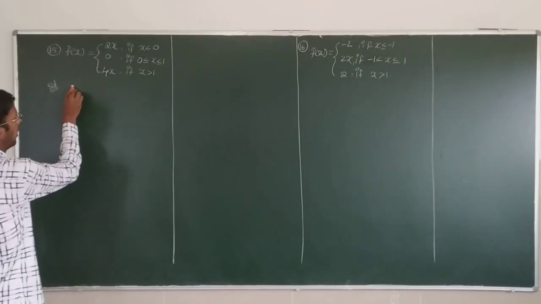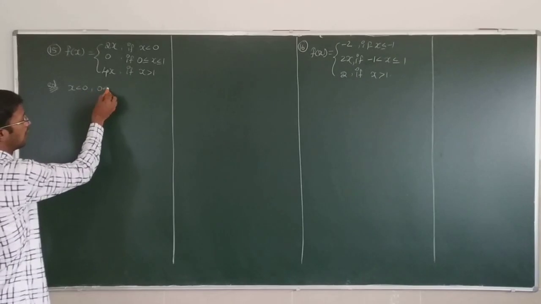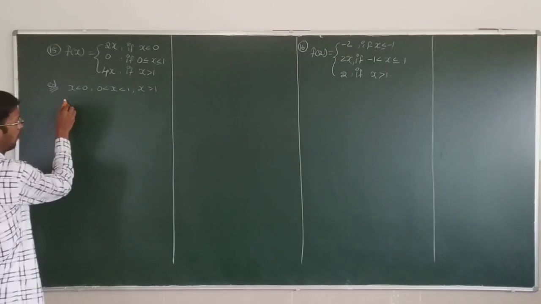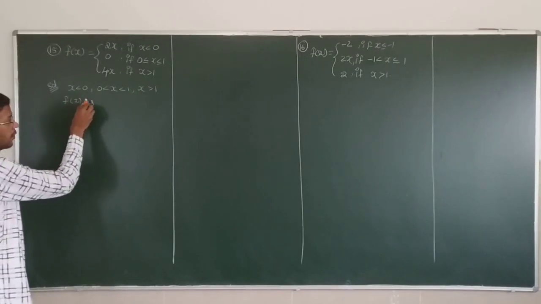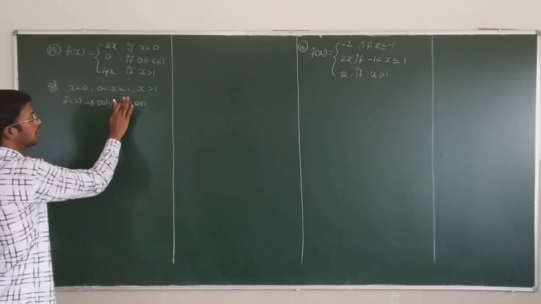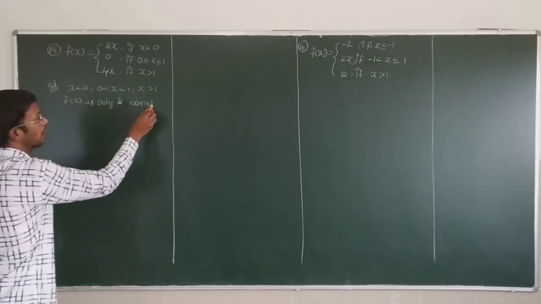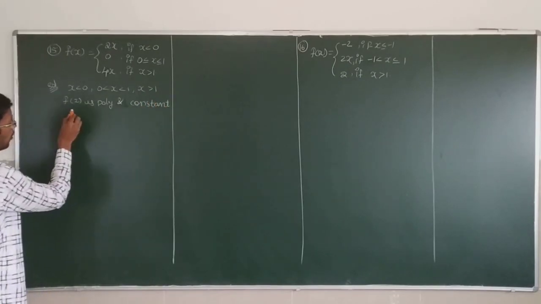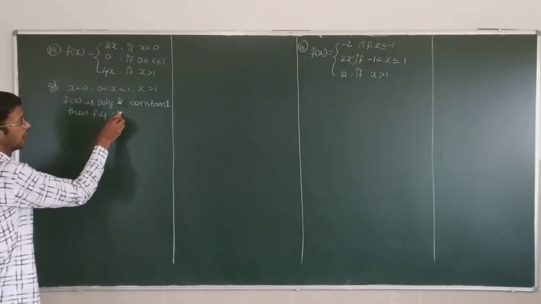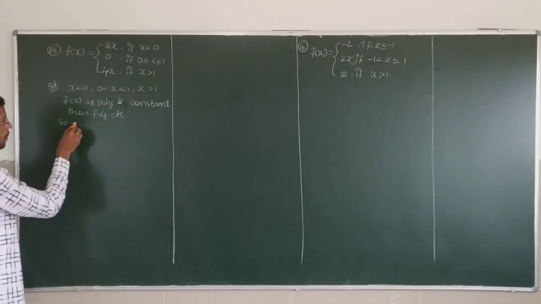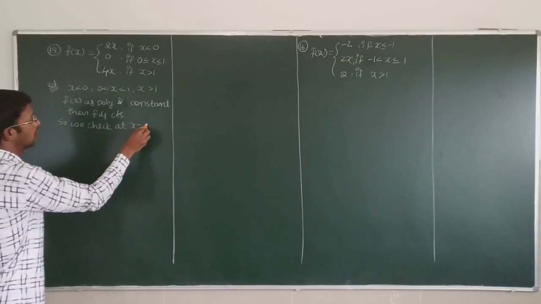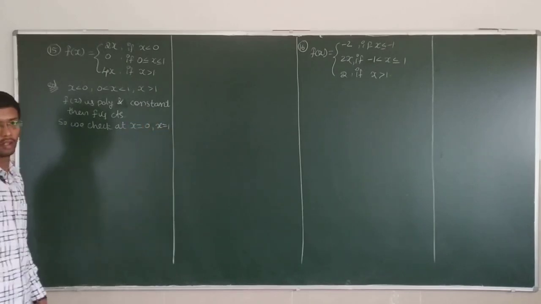We have x < 0, 0 < x < 1, and x > 1. f(x) is a polynomial and constants, therefore f is continuous in those intervals. So we check at x = 0 and x = 1.